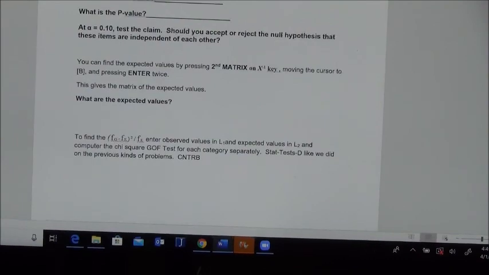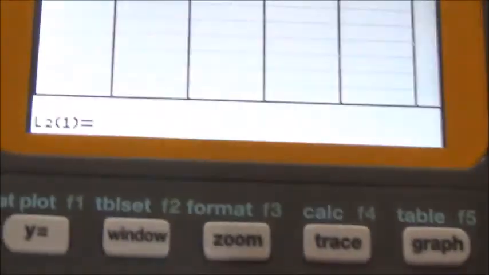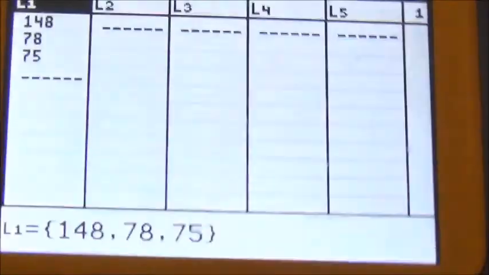So I'm going to hit stat on my calculator and do my list. So stat, 1 for edit, and then I'm going to clear out my data here, and I am going to do the males first. And so for the males, we had 18, 10, and 4.